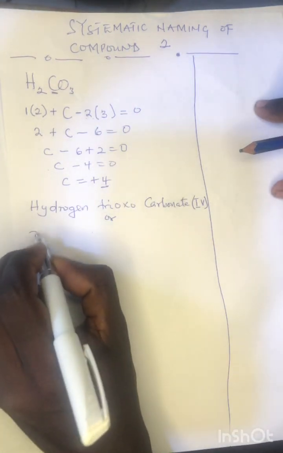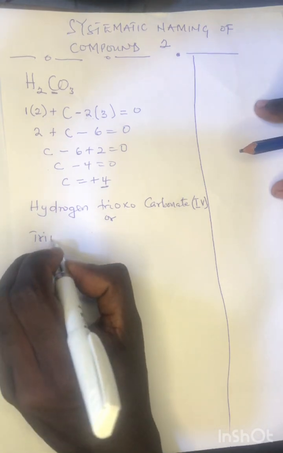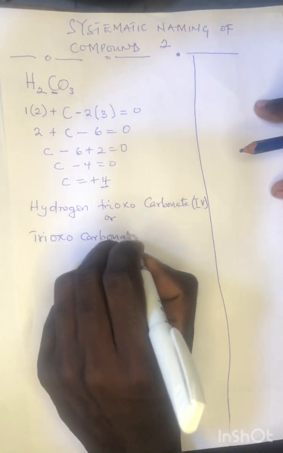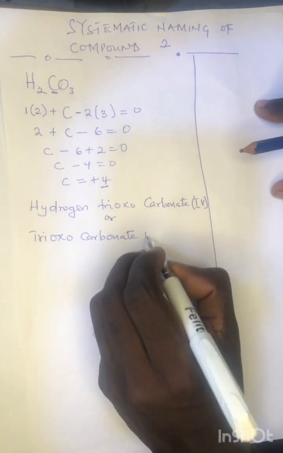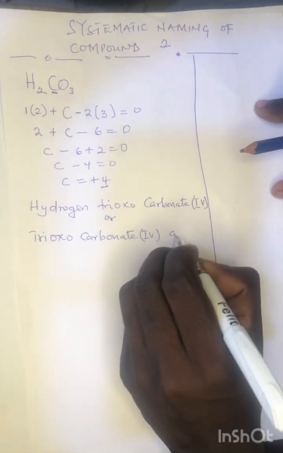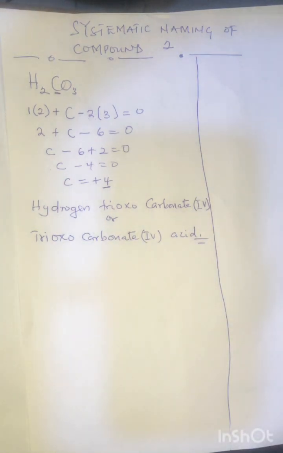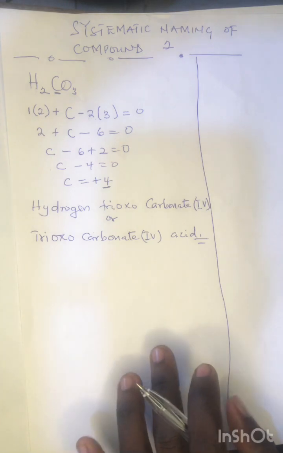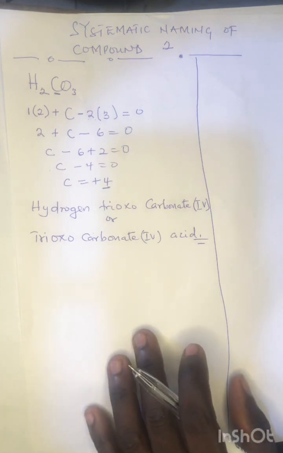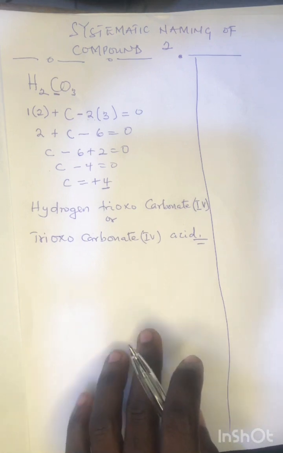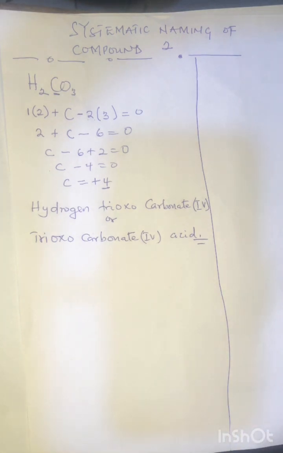So we say triozocarbonate, then the carbonate 4 acid. Anytime you want to write systematic naming involving hydrogen being the first element, it means that very compound is an acid. Very good. So these are the ways that you can write them successfully.